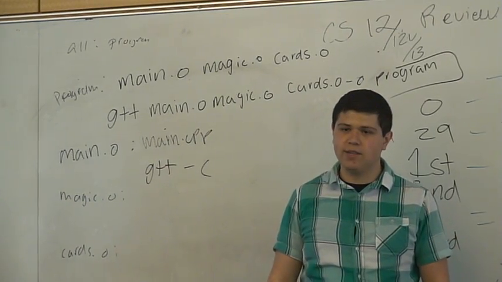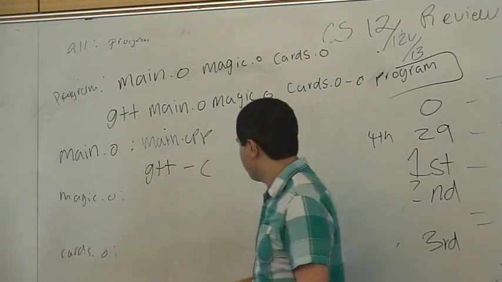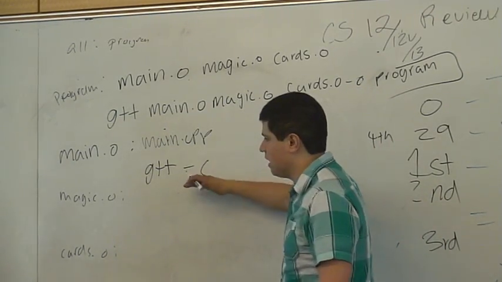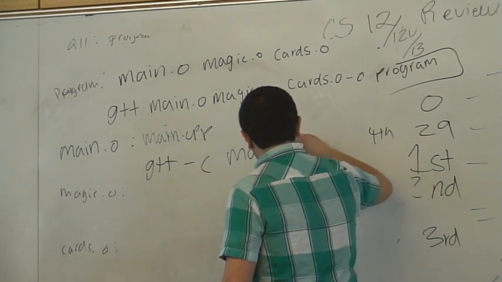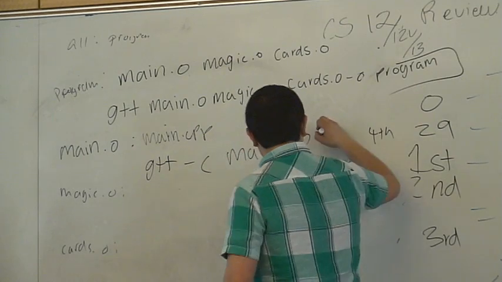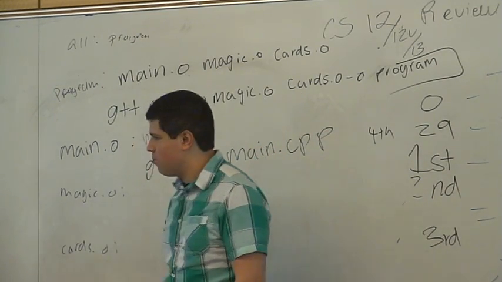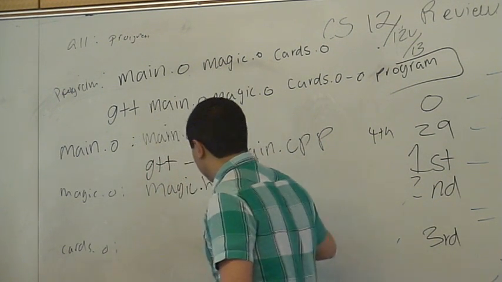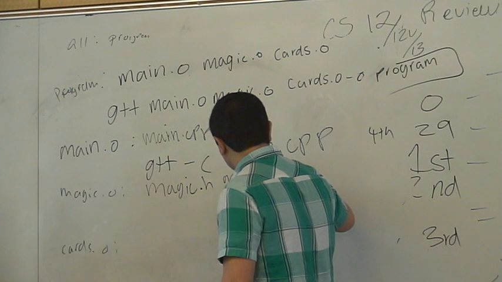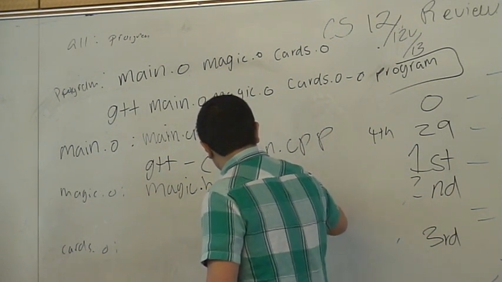You guys covered that in the beginning of class, so you might not remember so much. But this just says omit the linking phase. And then similar things for magic.o. So this actually depends on magic.h and magic.cpp.